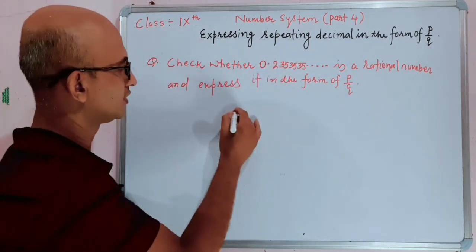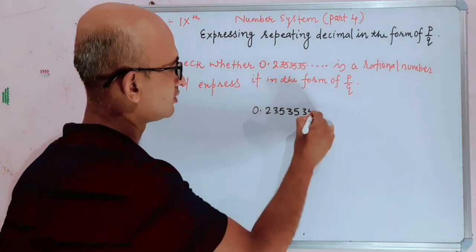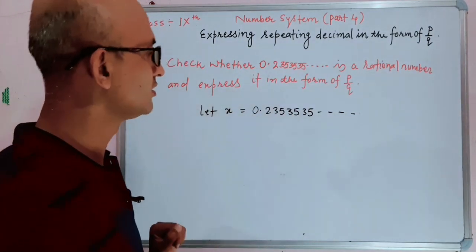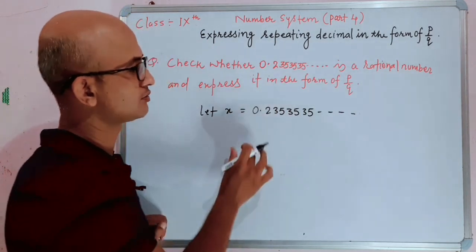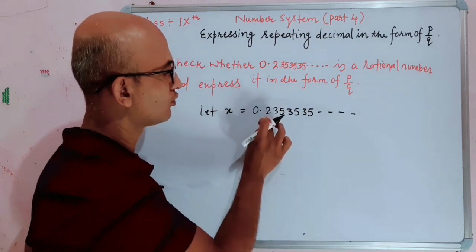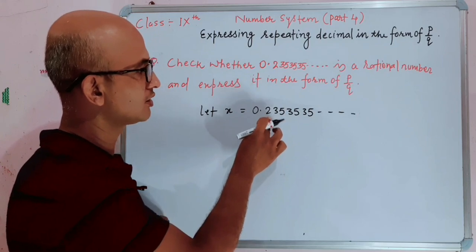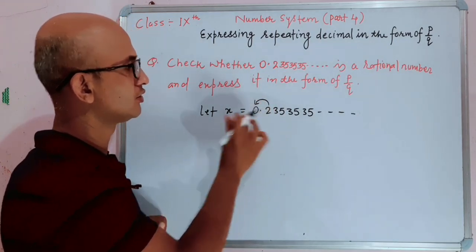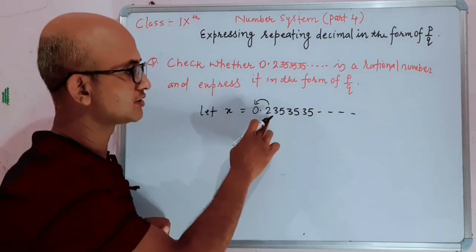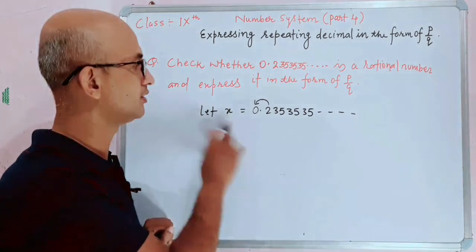Once again we will consider this decimal number as x. In this decimal expression there are two repeating digits and one non-repeating digit. First of all we will bring the non-repeating digit to the left side of the decimal. Since there is one such digit, to bring it to the left side we will multiply by 10.